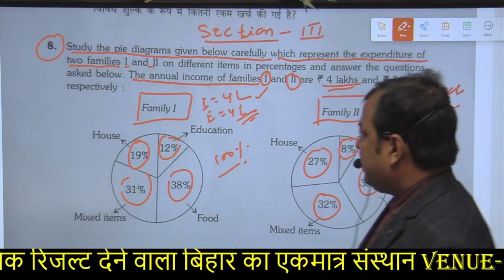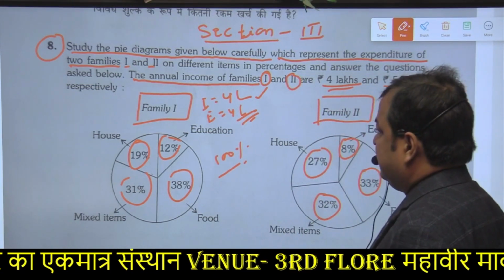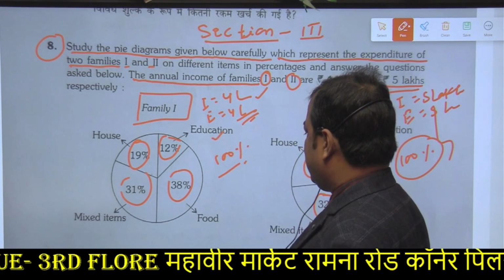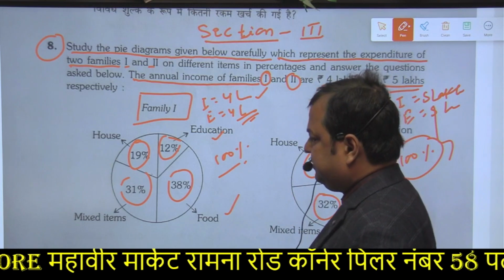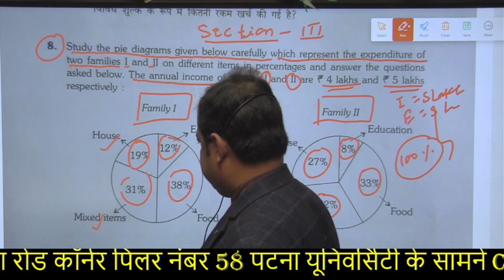तो फैमिली वन expends different items. Education is one item, food is another item, mixed items and house rent.